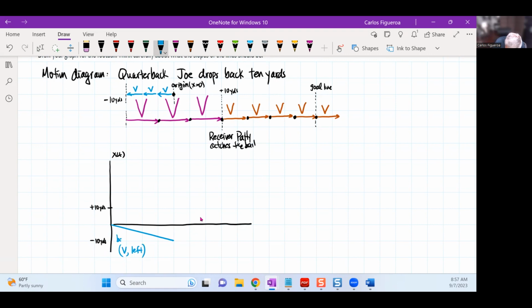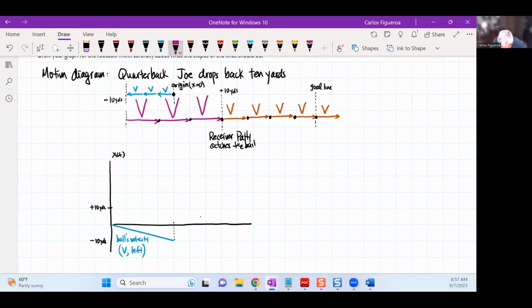This is the ball's speed. Oh, ball's velocity. But remember, in this case, because we're plotting the ball, not anything else. And now Joe throws the ball to Patty, and we would expect here that the slope has to be very steep.